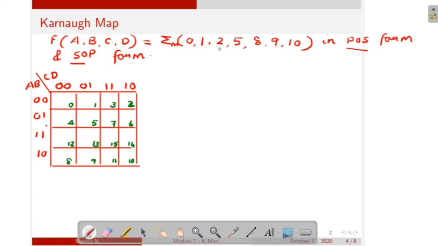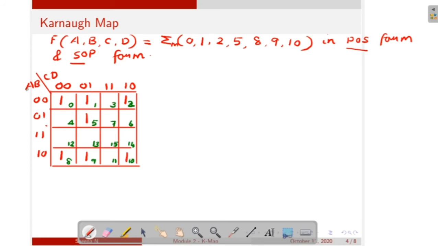Okay, so this Boolean function is in SOP form, so we can mark these minterms as 1 in this K-map. So here 0 is equal to 1, then 1, 2, 5, 8, 9, 10.